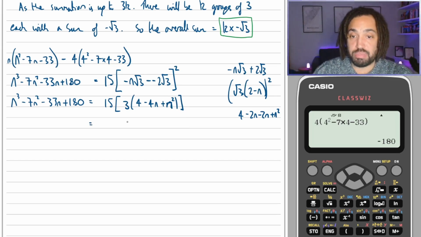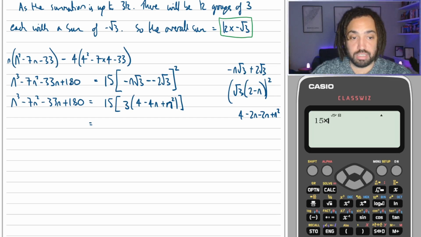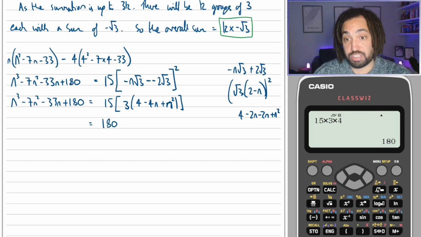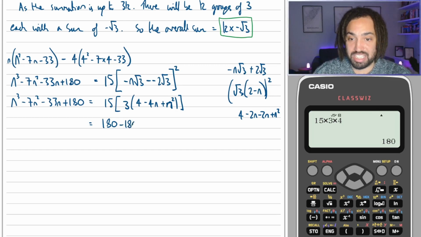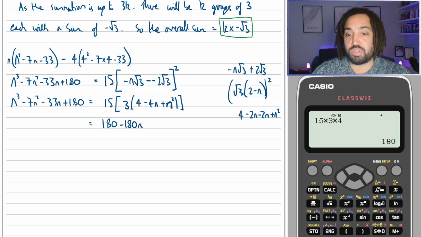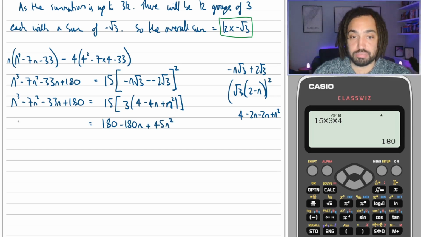Okay. And this can be expanded out. I've got 15 times 3 times 4, which is 180. I've got another 15 times 3 times 4n, so that's minus 180n. And I've got 3 times 15 times n squared, so that's plus 45n squared.